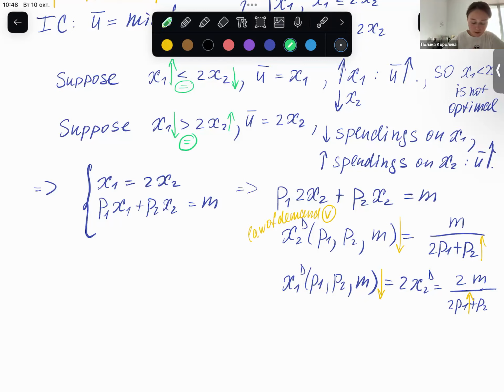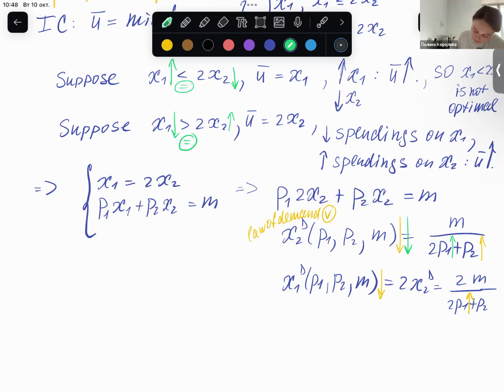Then what about the connection with another good? You see that the higher the price of the first good, the lower the demand for the second good. And we proved now that these two goods are complements. So you see, the higher the price of cars, the lower the demand for petrol, for example.